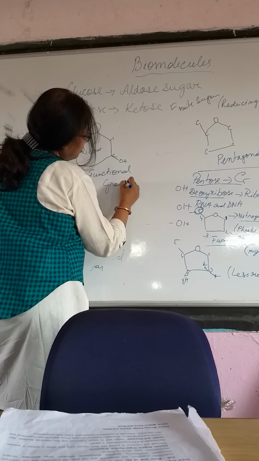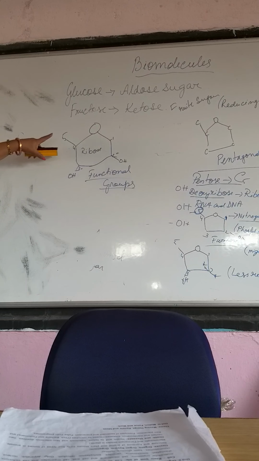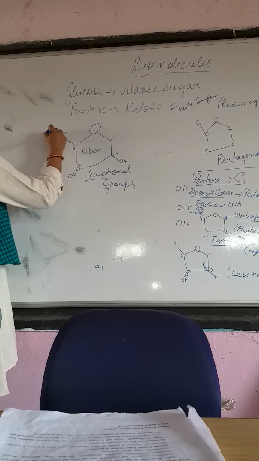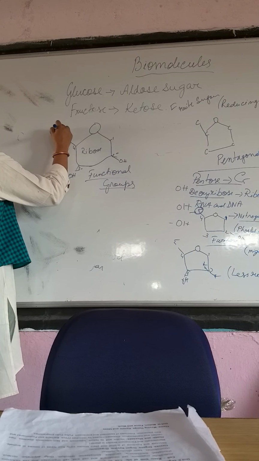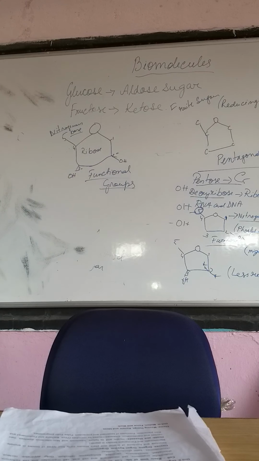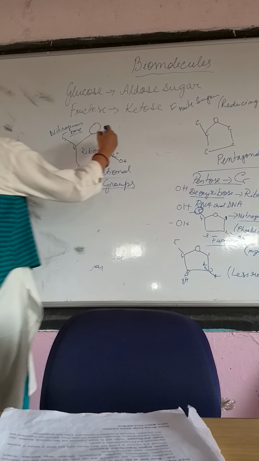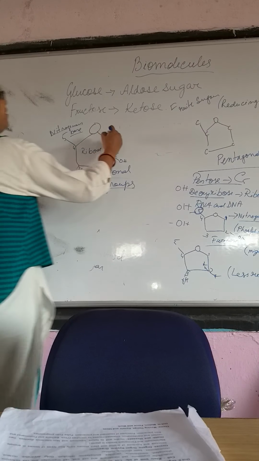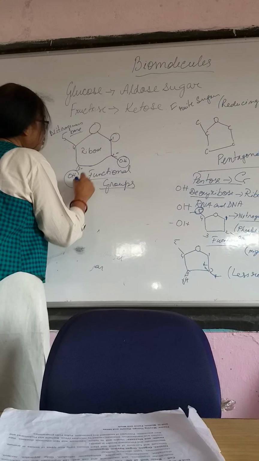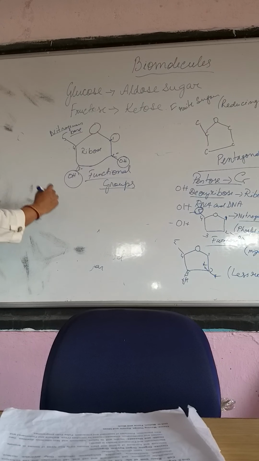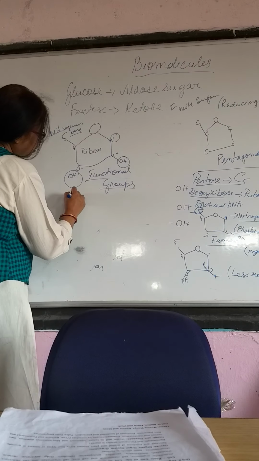These functional groups are attached to the 2nd and the 3rd position. In the 5th position we have the nitrogenous base. You all know that this nitrogenous base can either be a purine or a pyrimidine, and here we have the phosphoric acid attached to one. Since it has 2 functional groups, this is more active.